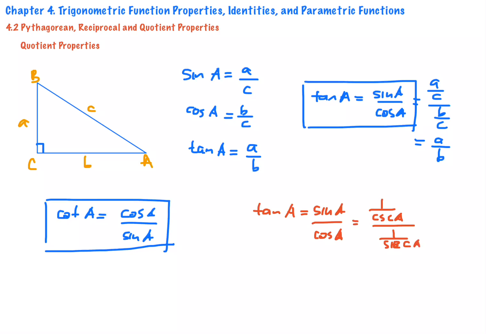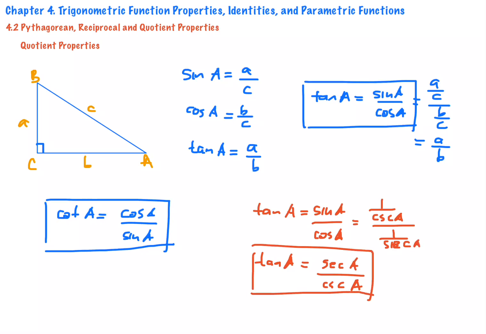So then I can also write that tangent a is also true to be said secant a over cosecant a. So this is also the reciprocal, the quotient properties.